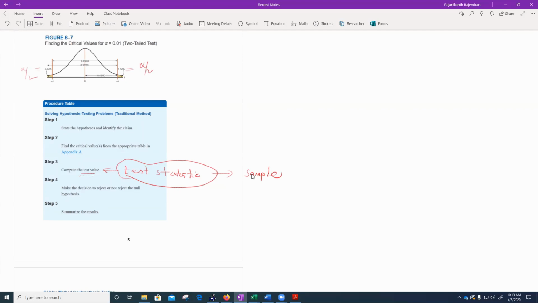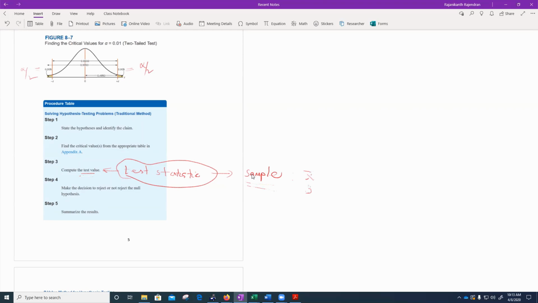Use the formula and plug in your sample values. In the sample you may have X bar, and then you will have the sample standard deviation. These are the things you will calculate when you have the sample. So you will figure out those values and find the test statistic.